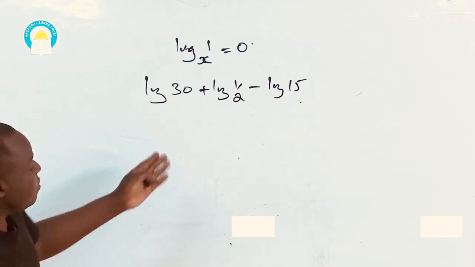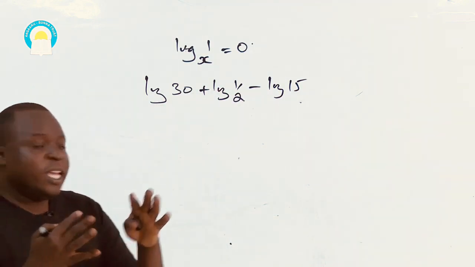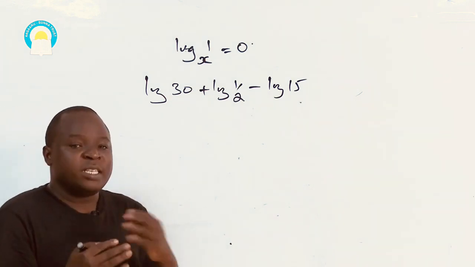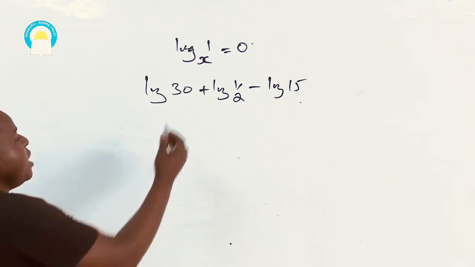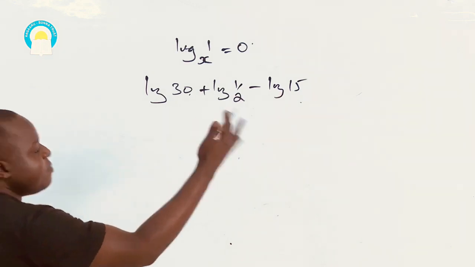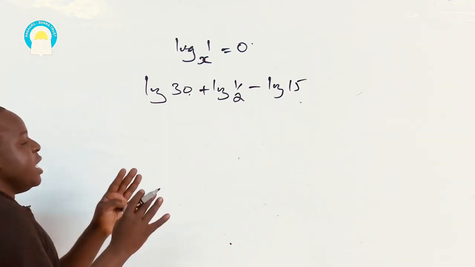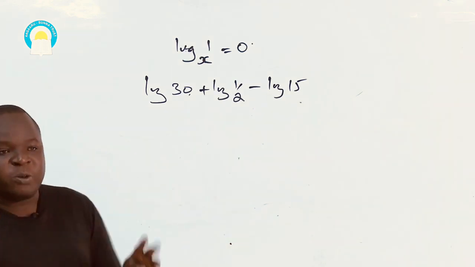So simplification of this, you see, it's all about the first and second law. But in the process, as you keep doing the question, something else can come in. Some other law might come in. First law, second law, because I see addition, subtraction. Maybe something else comes in. The main thing is try to simplify your expression as far as possible.